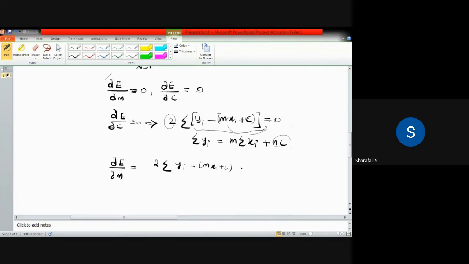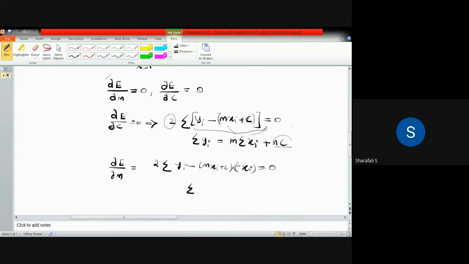Then we will have one more term, minus xi, which has to be multiplied with this. So this term has to become 0, which means yi minus mxi plus c into minus xi is equal to 0.